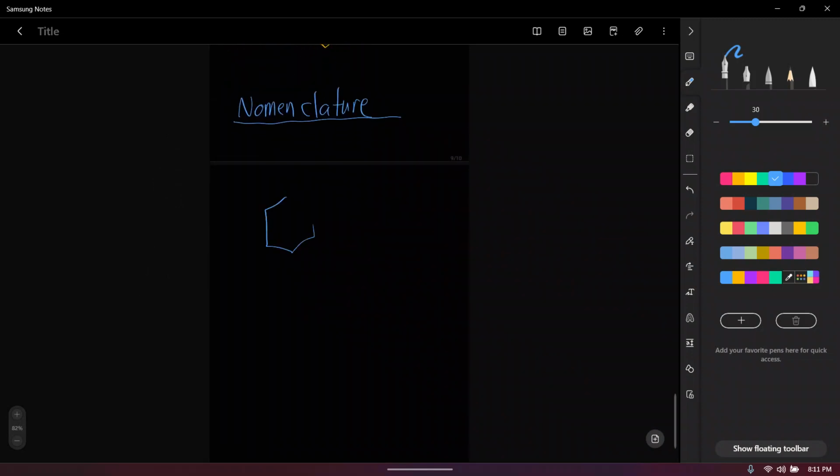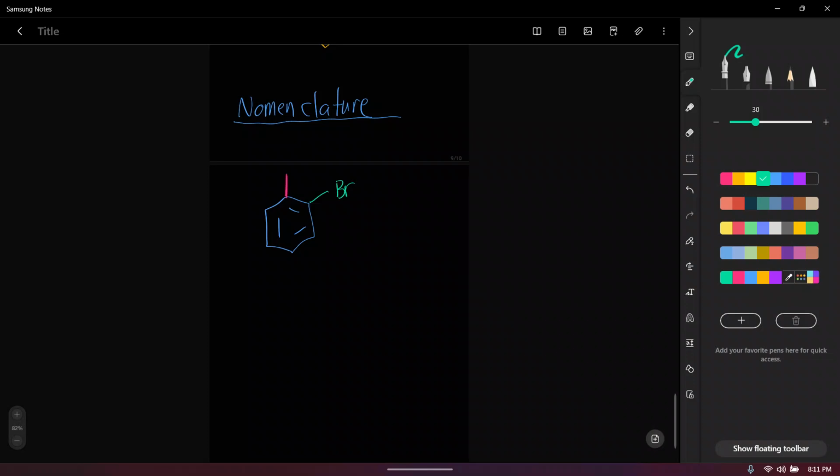So benzene looks like this. If I have a substituent on benzene, let's say I have a methyl group right here, okay? Let's say I then have a second substituent on there, okay? That second substituent, let's say that second substituent is a bromine atom, okay?